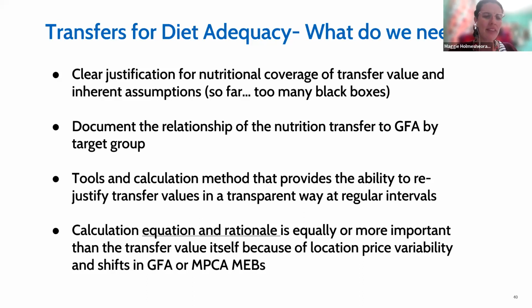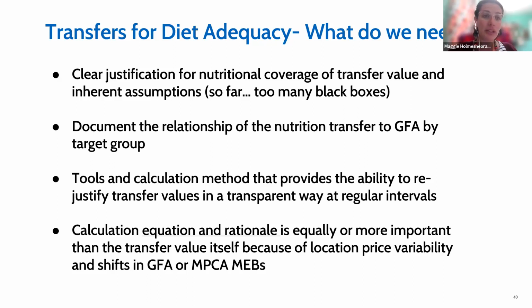And then the final point here that I would really underscore, and some of you have asked some questions about this in the question and answer already, is that the equation and the rationale for the calculation is at least, if not more important than the actual transfer value, because location and price variability change a lot in the GFA or in the MEB.